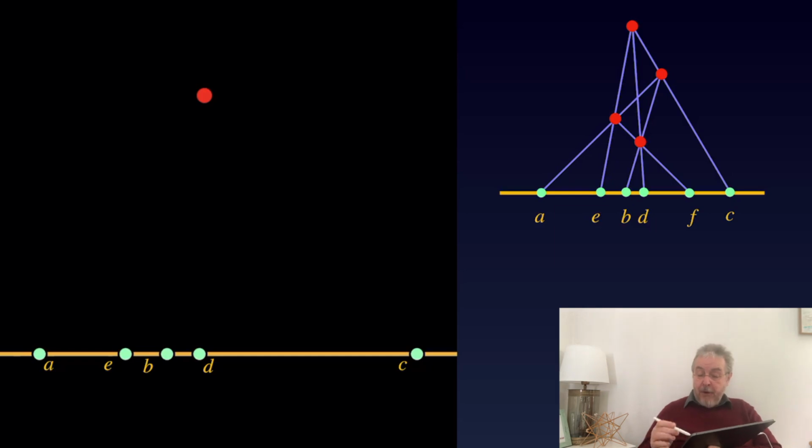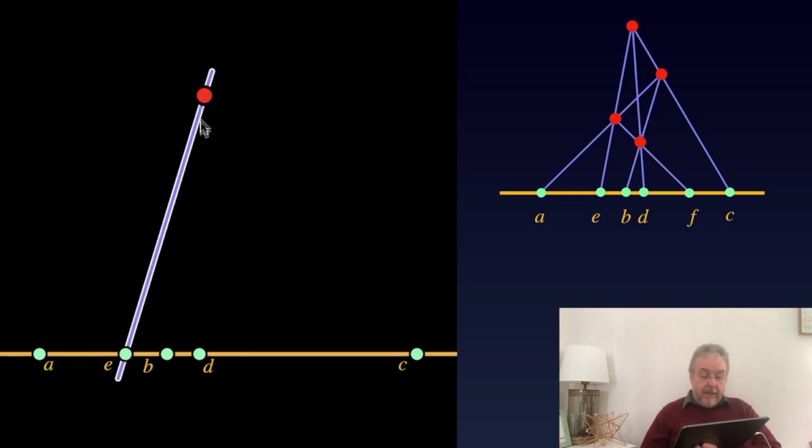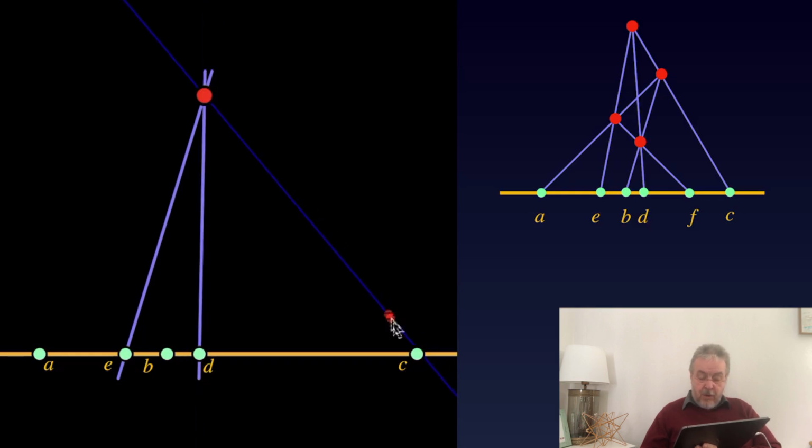After we added that point, we have to connect it to 3 points. We have to connect it to A, D and C, and this is what we do next in our construction. So we take that point, connect it to E, connect it to D and connect it to C.